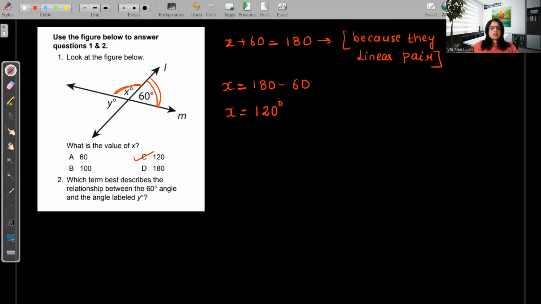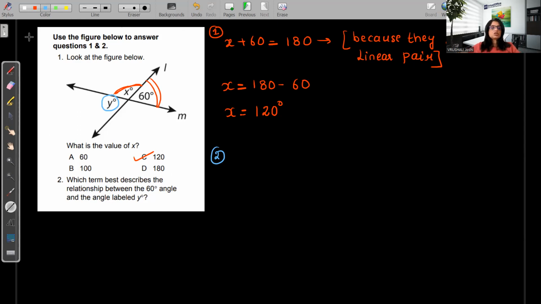Which term best describes the relationship between the 60-degree angle and the angle labeled Y? This is the angle Y, correct? They want you to tell the relation. This is question 1 that we did. And this is going to be 2. So, which term best describes the relation between the 60-degree angle and the angle labeled Y?